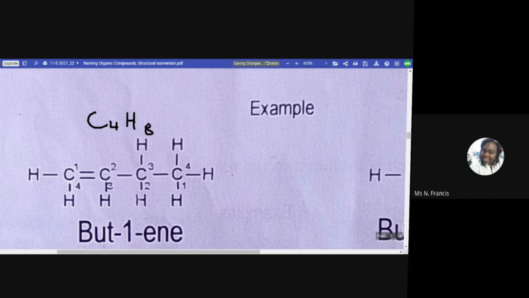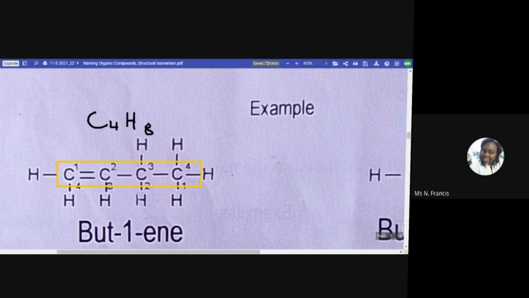So if I were to ask you to draw butene, you would have drawn the 4 carbon atoms in the main chain and then put the double bond somewhere. Now we're beginning to get more specific.